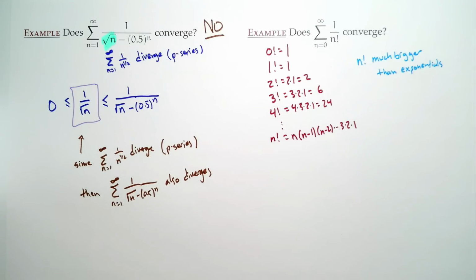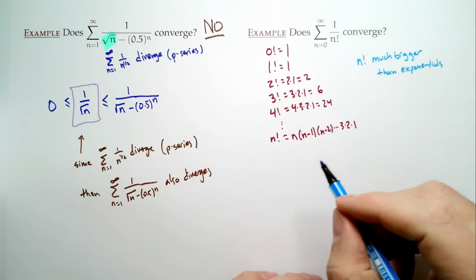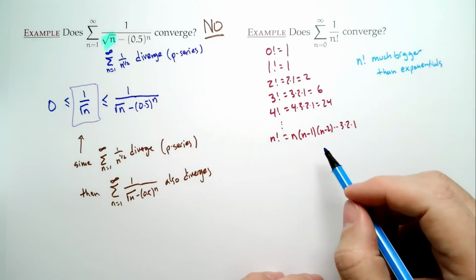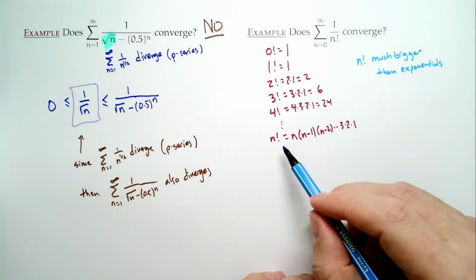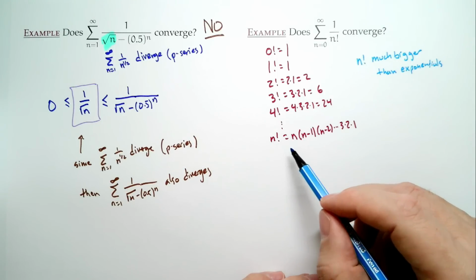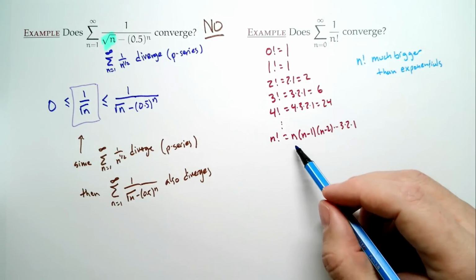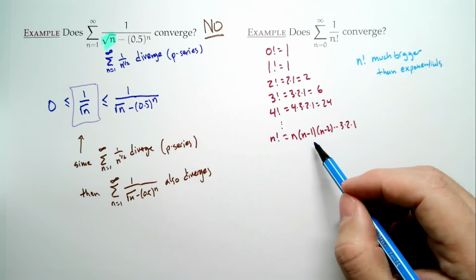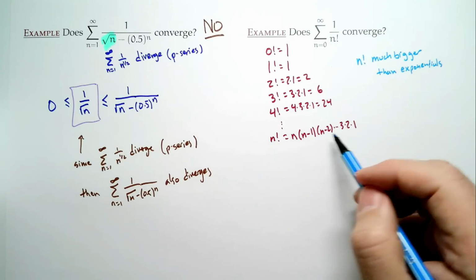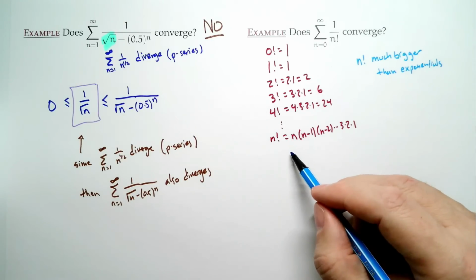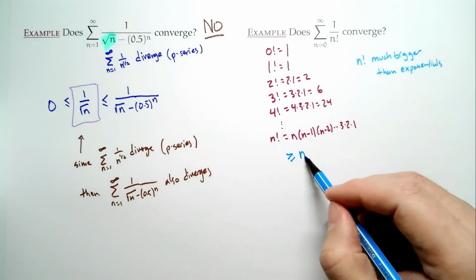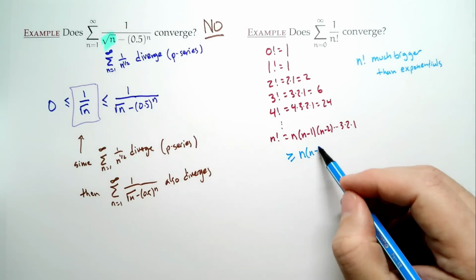Well, there's actually a lot of ways to argue it, but let's just make a silly, simple observation. Look, here's n factorial. What is that? Well, that's n times n minus 1 times other stuff. So that's certainly bigger than or equal to n times n minus 1.